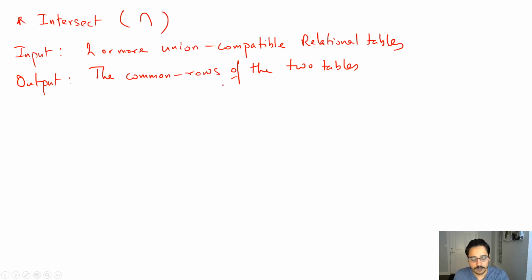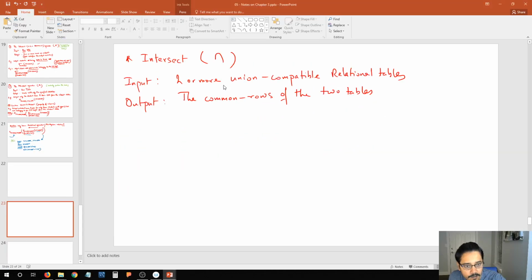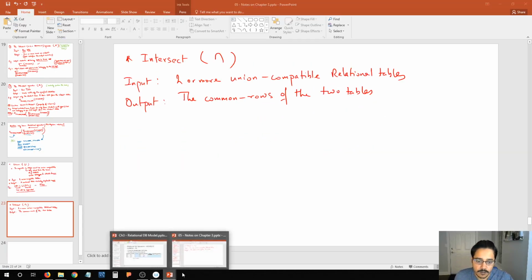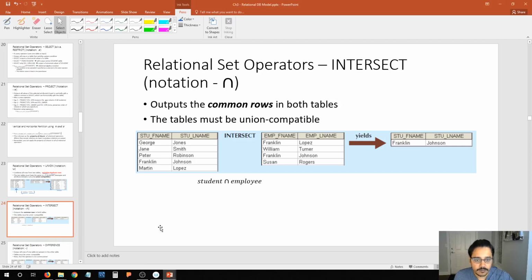So that means if you look at the example again, let's say you have a student table and then you have an employee table. There are chances at times when a grad student also acts as an employee, right?